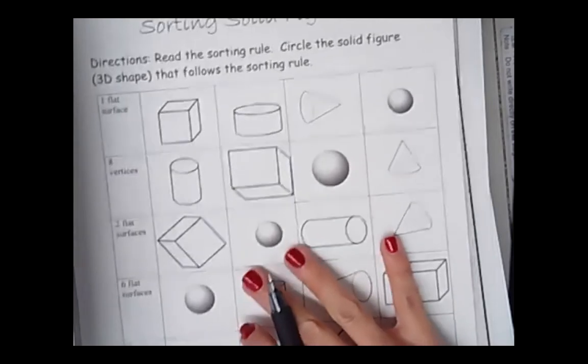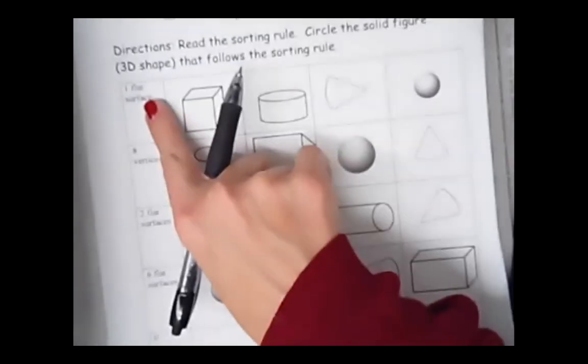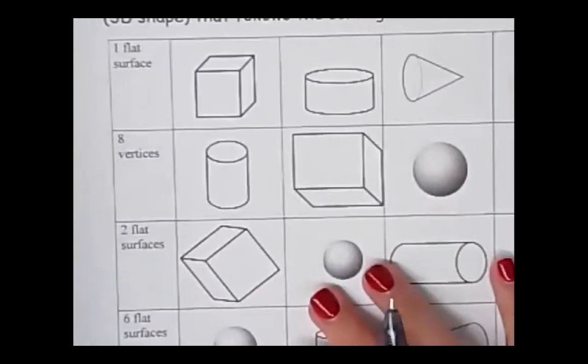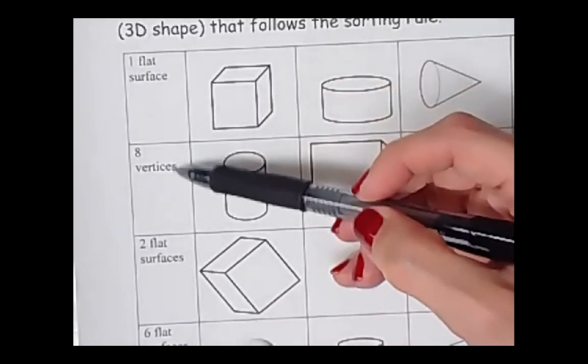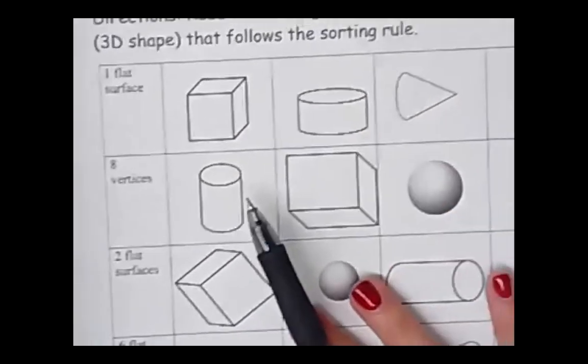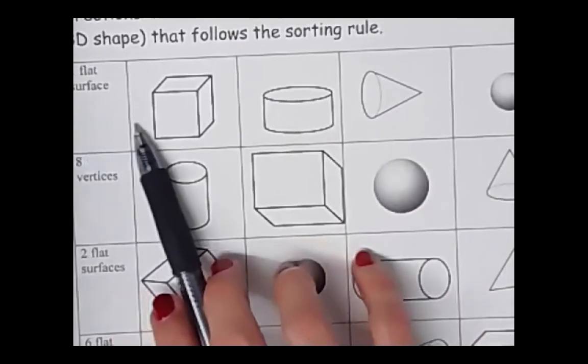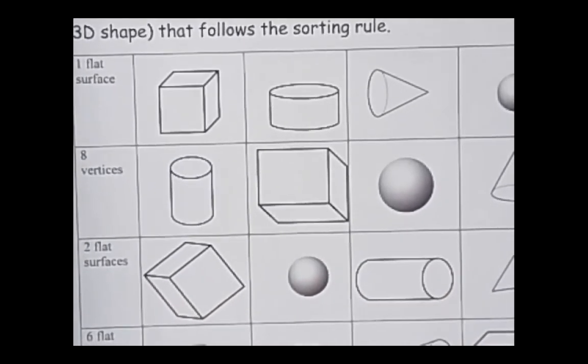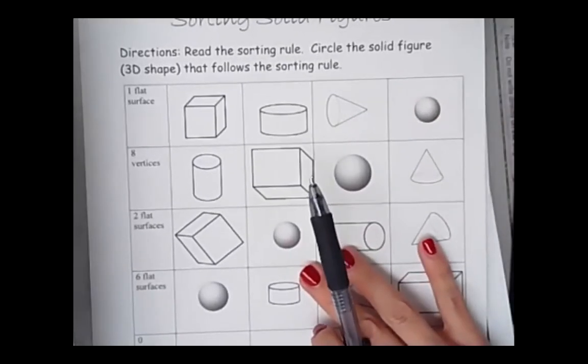We are going to read the sorting rule that is on the side of the paper. Then we are going to look in each row to see if there is a shape that matches the sorting rule.